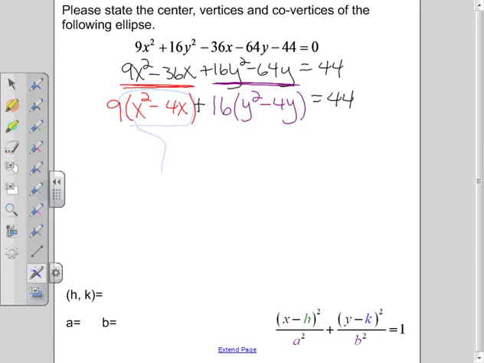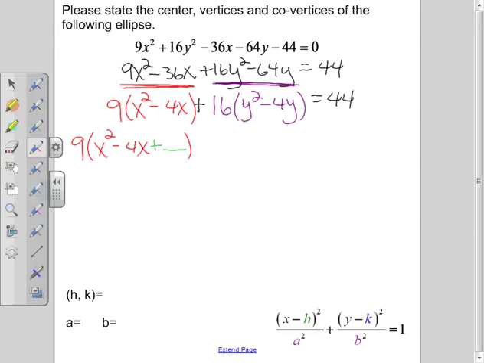Okay, well, that's a lot of talking around this issue. Hopefully you're going to see that I'm going to write 9 times the quantity x squared minus 4x plus something that I'll name later.